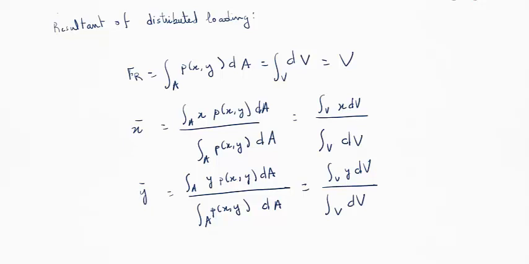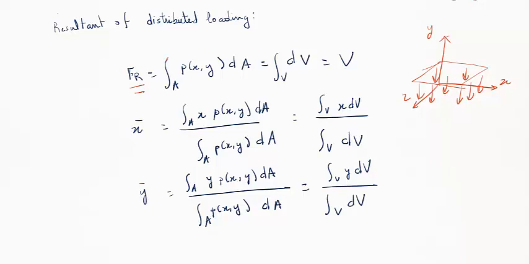Now here let's say we have maybe a body. I'm going to draw this Cartesian x, y, z. Let's say we have a distributed force in 3D. Now we want to find the resultant force.